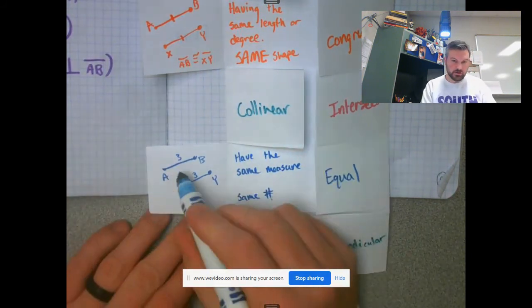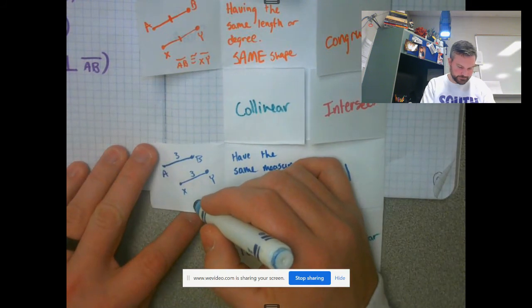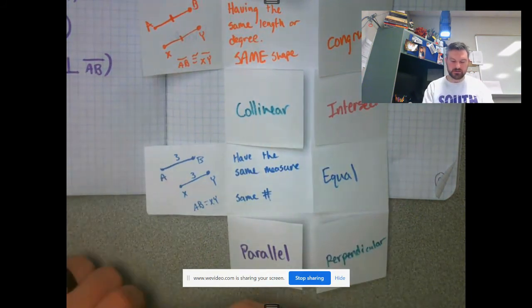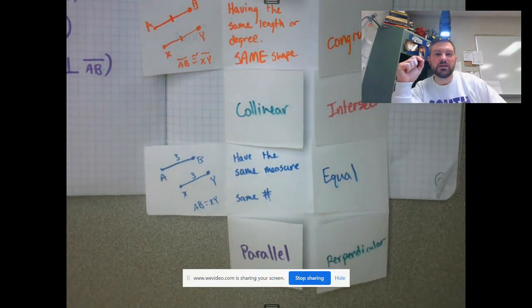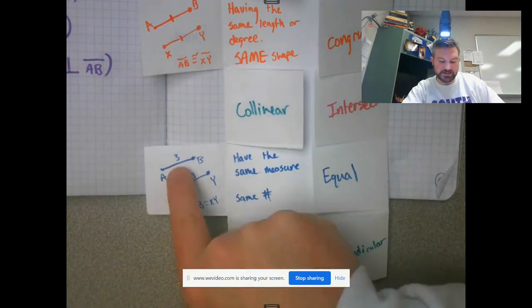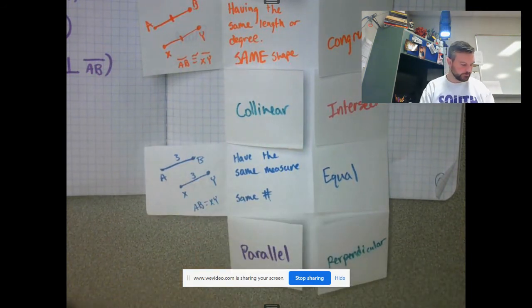Now we're looking at the actual number, and I can say AB equals XY. Notice I don't put the segment above it because I'm not concerned about the shape of it, which was the segment up here. I'm just worried about the distance or the number. So the distance here is the same.